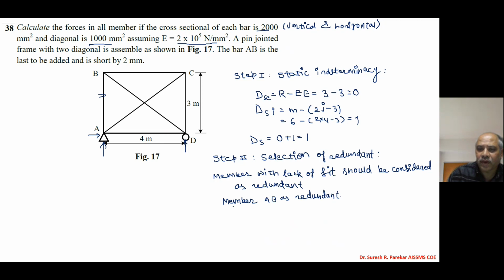Then we have to go for step 3, P forces. No external loads are acting on it. External loads are not present on the truss.